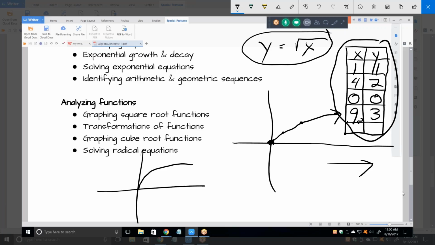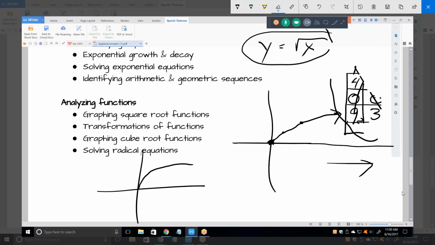Okay, so the square root function is a little bit of a weird graph. But like I said, now you probably want to memorize this. You don't want to always have to make that table. That table's a lot of work, okay? So it works a lot better if you just memorize what the square root function graph looks like.